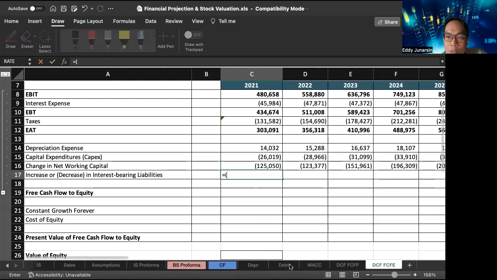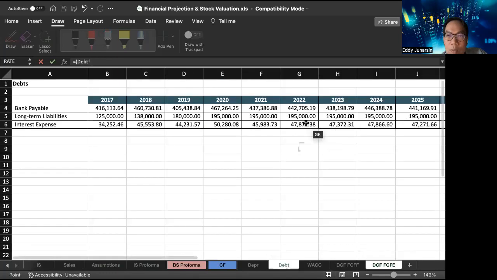Here at 21, we have two items, and then 20, we have two items also.